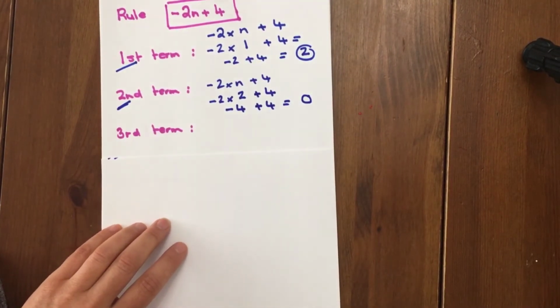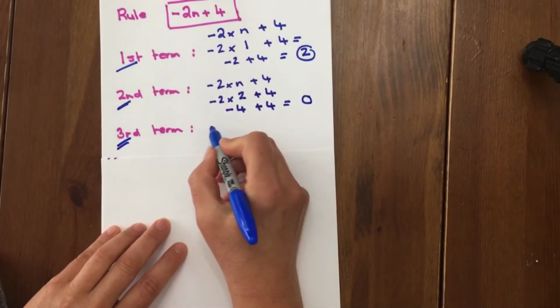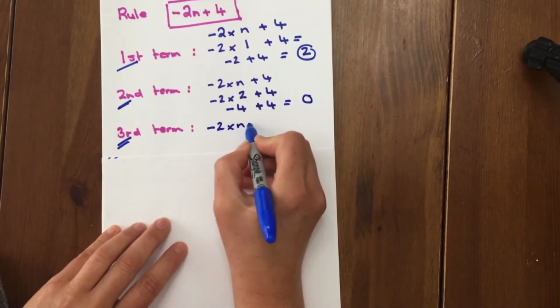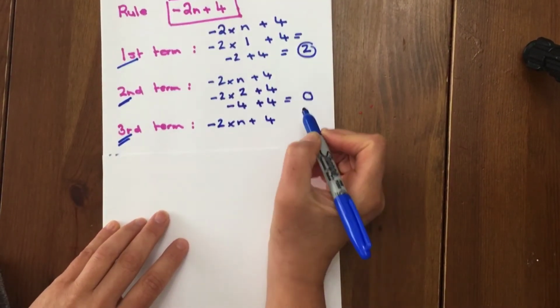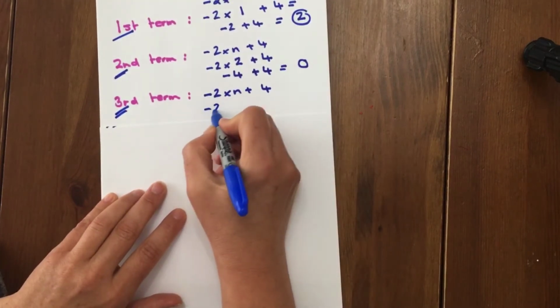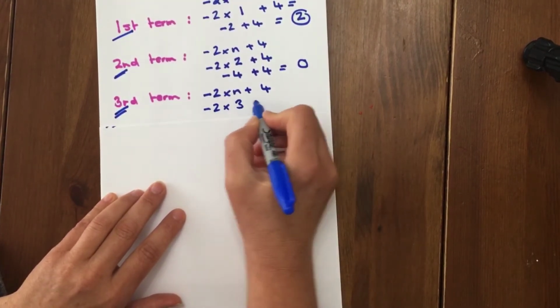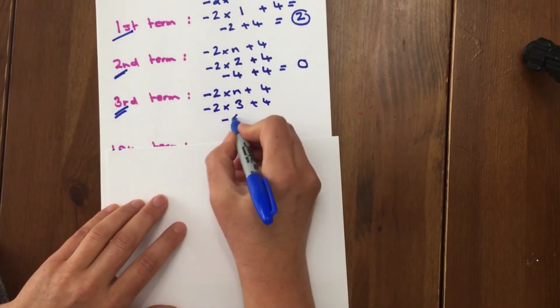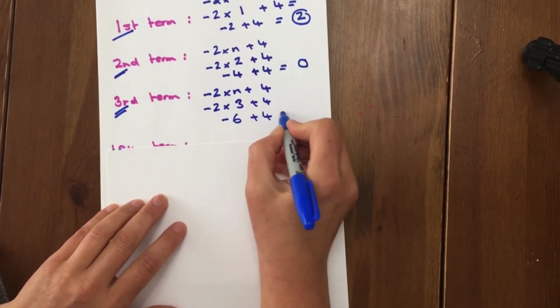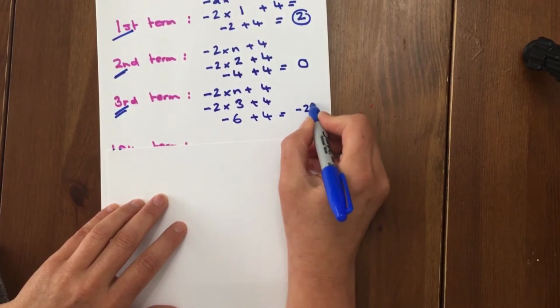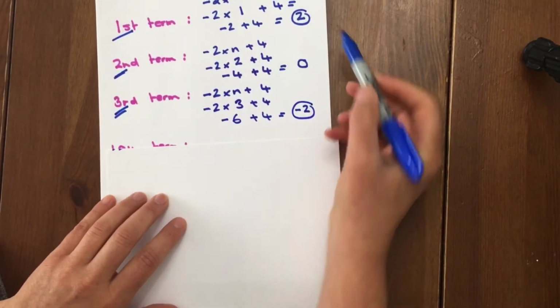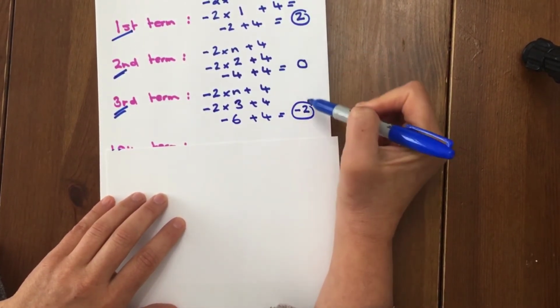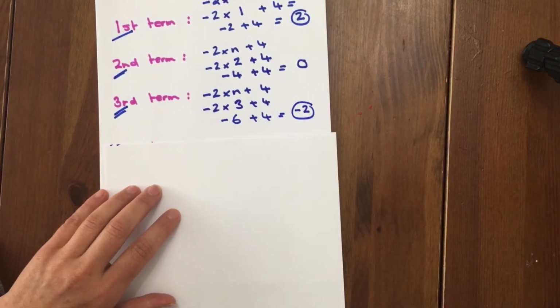And my third term, so n is 3, and I suggest you write it out like this so you don't make any mistakes. I have negative 2 times 3 plus 4. Show your method. So I have negative 6 add 4, which is negative 2. So my sequence goes 2, 0, negative 2.